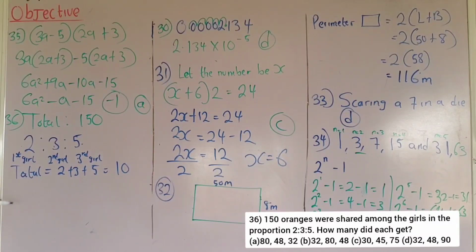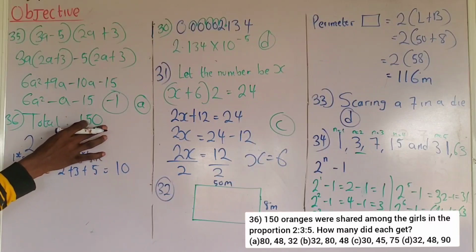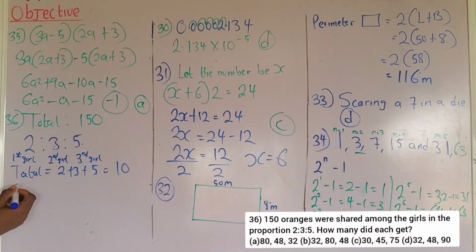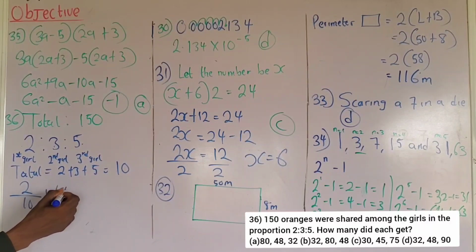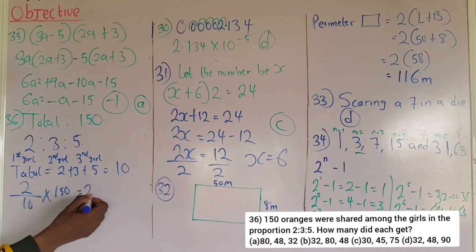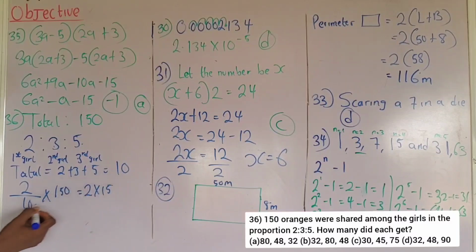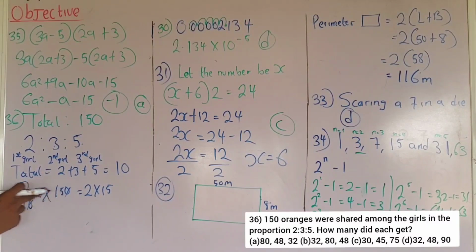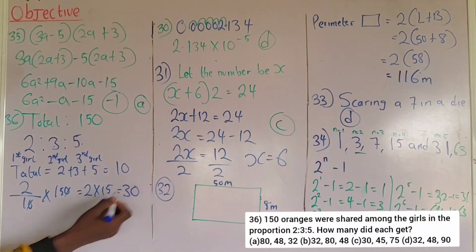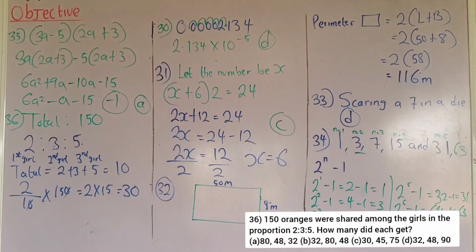You understand? So to get the number of oranges that the first girl received out of 150 oranges, just bring the ratio here, 2 all over the total of the ratio, which is 10, multiplied by 150. So here we're going to have 2 multiplied by 15, because this 0 can cancel this 0. 15 times 2, that is 30. So the first girl received 30 oranges.